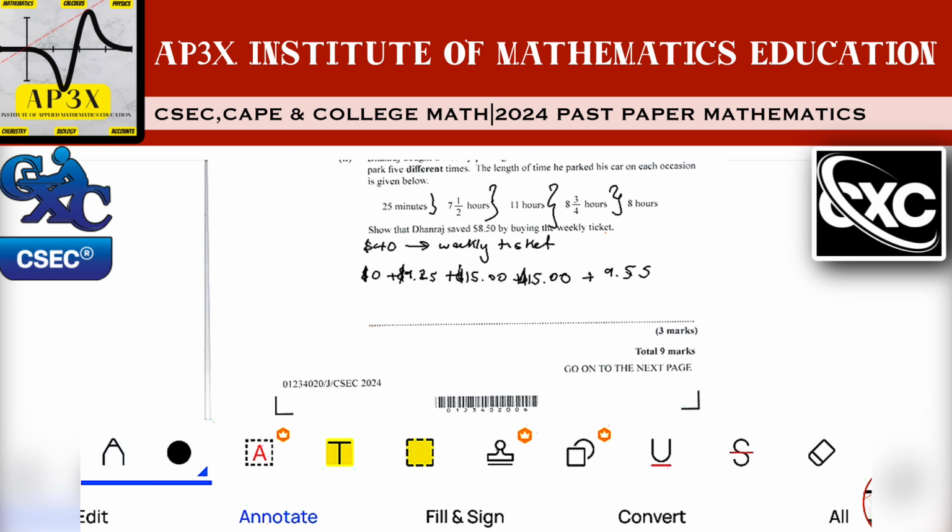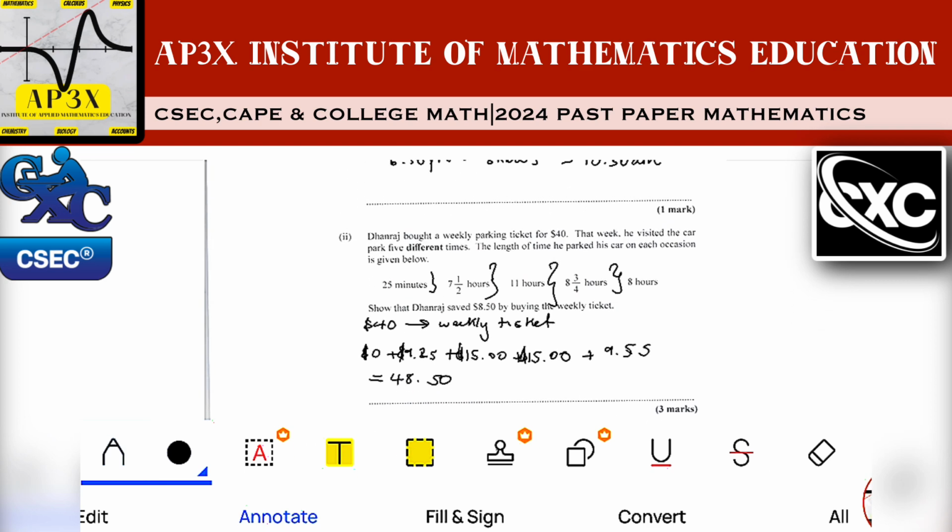you're going to find that this is $15 plus $15 plus 9.25 plus 9.25, and that's a total of $48.50. Now what we're asked is to show that he saves $8.50 by buying a weekly ticket.